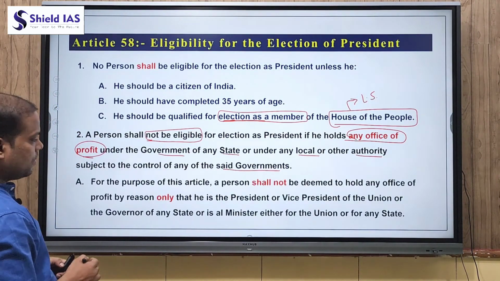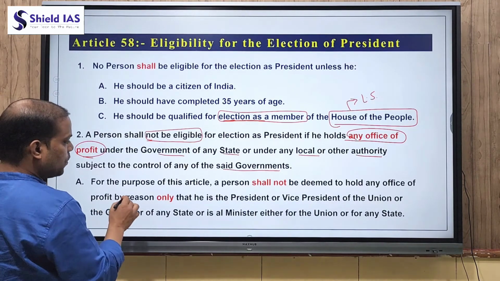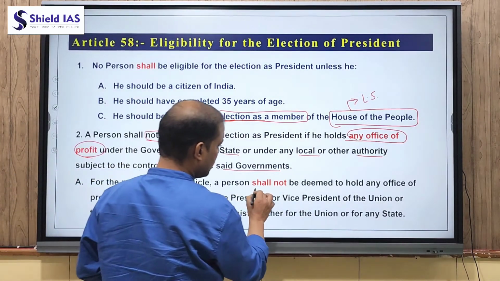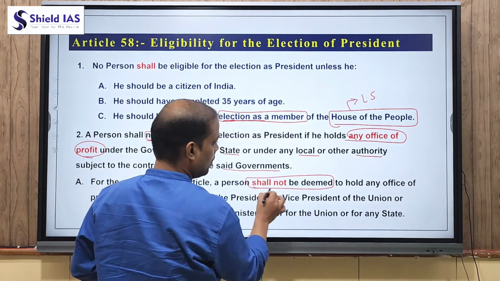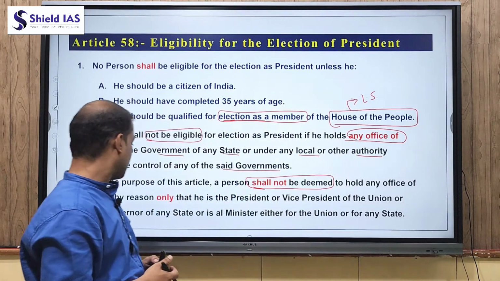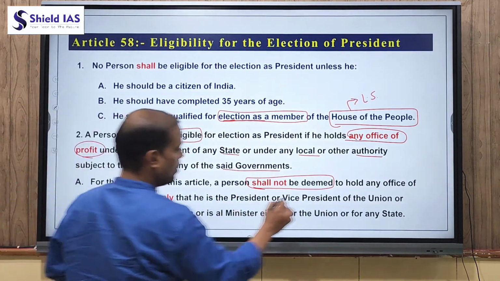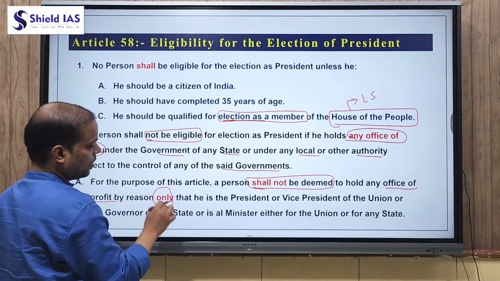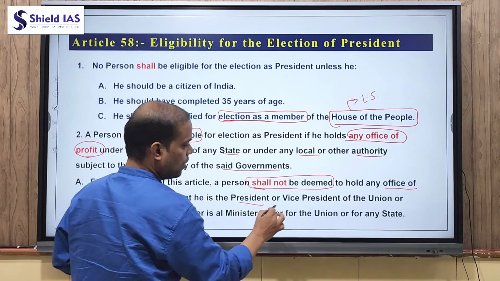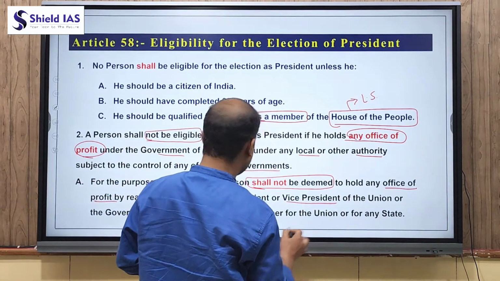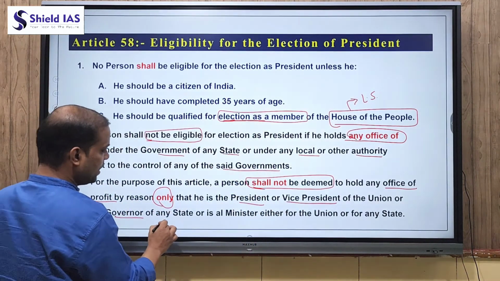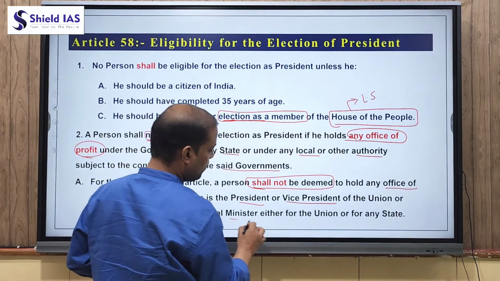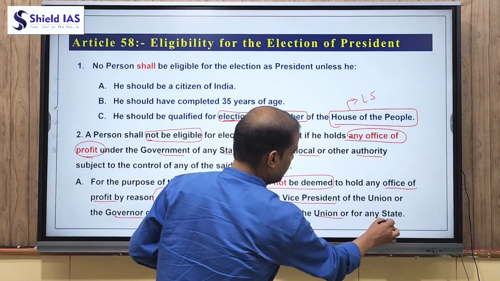And there is an exception. For the purpose of this article, a person shall not be deemed to hold any office of profit by reason only that he is the President or Vice President of the Union, or Governor of any state, or a minister either of the Union or of any state.